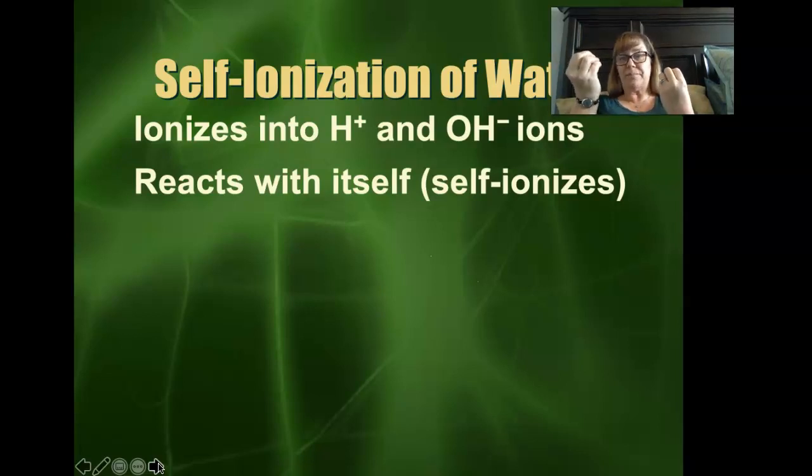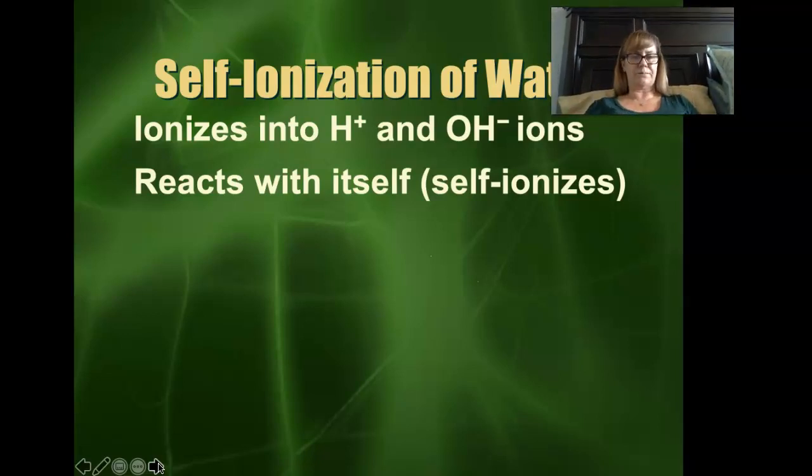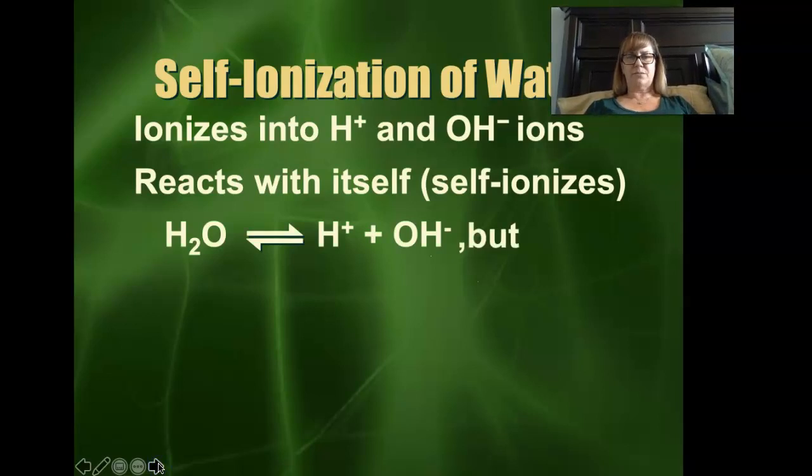We call it hydronium. You're going to learn that in a minute. And this one is left just a hydroxide ion, an OH ion. That's what we mean by the water reacts with itself. And then almost as quick as it does that, it gives its hydrogen back, and now they're two water molecules again. So this happens constantly as these water molecules are bouncing and colliding into one another. That's what the reaction looks like.